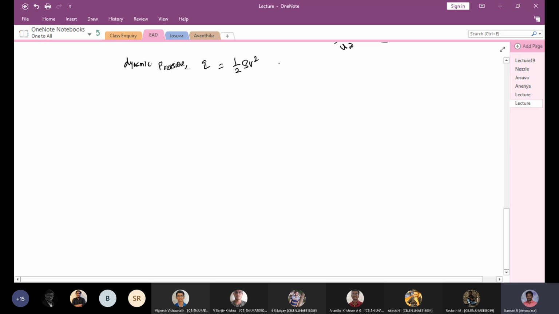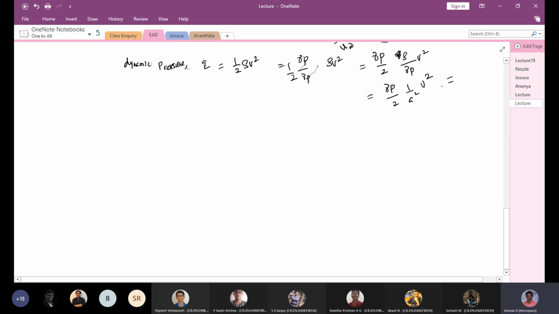So this half rho V square, I can write it as, numerator and denominator I am going to multiply by gamma P, rho V square. So I can write gamma P by rho as a square. This one I can write as 1 by A square and V square.